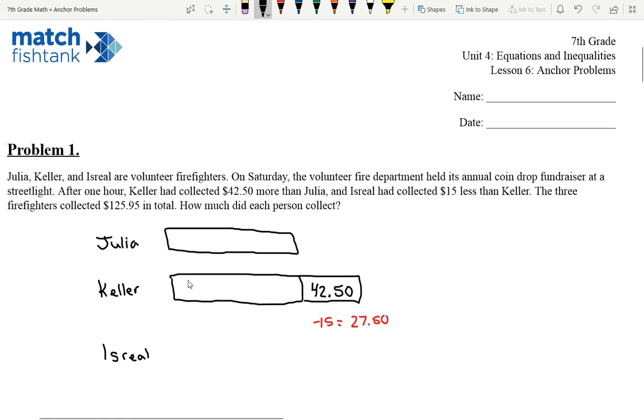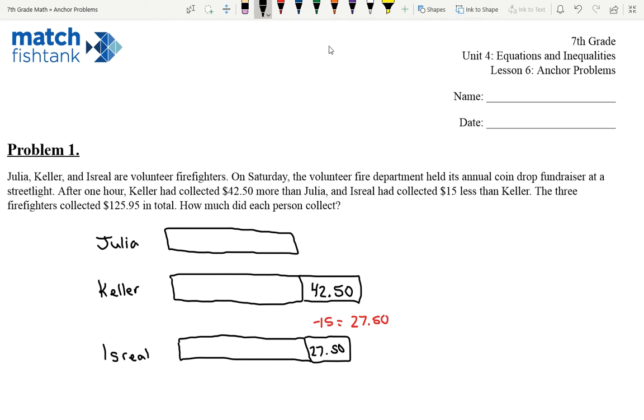And so Israel is really the same as Julia, but instead of plus $42.50, he is only plus $27.50, which is $15 less than Keller.